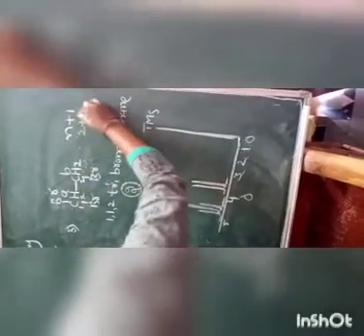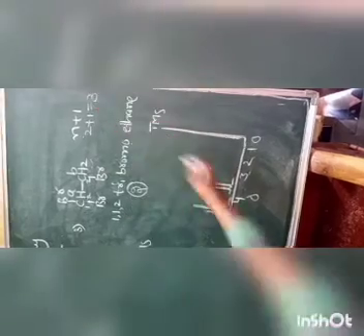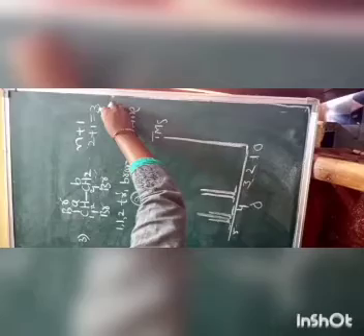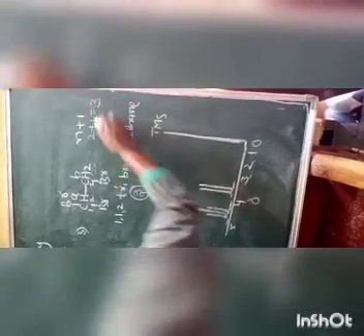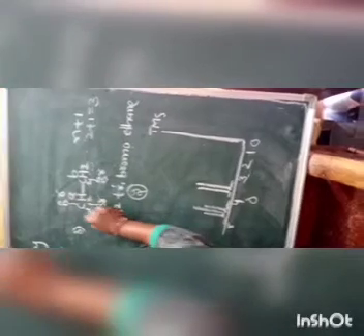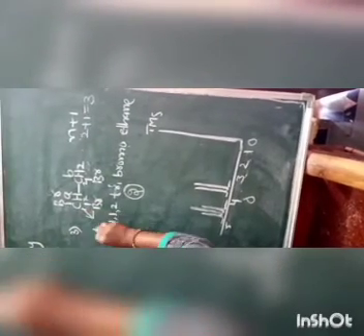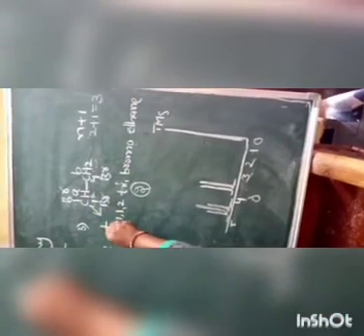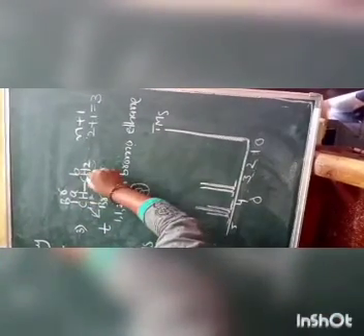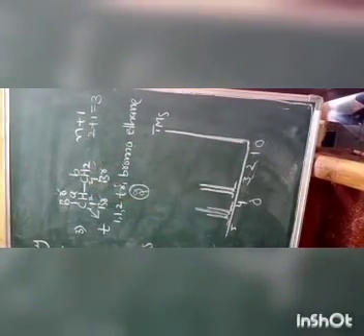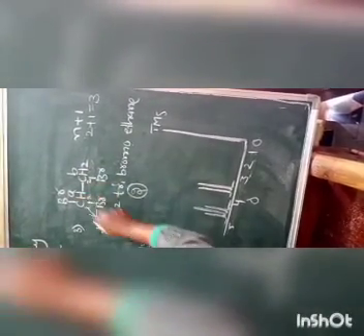So 2 plus 1 equals 3. That means 3 lines are present in the signal, and 3 lines means a triplet. So for this A type of proton, the multiplicity is a triplet. The splitting of this proton gives a triplet due to the adjacent carbon having two protons.